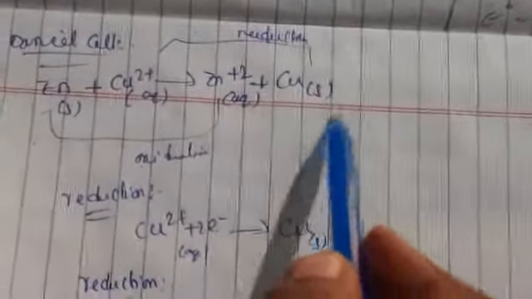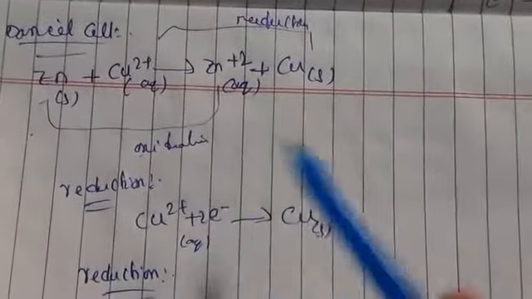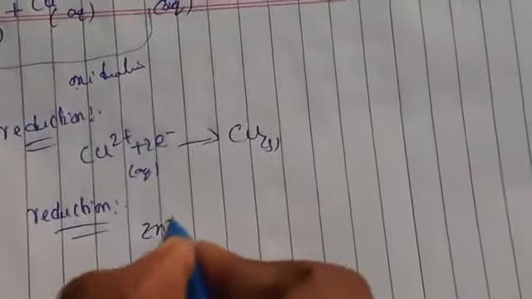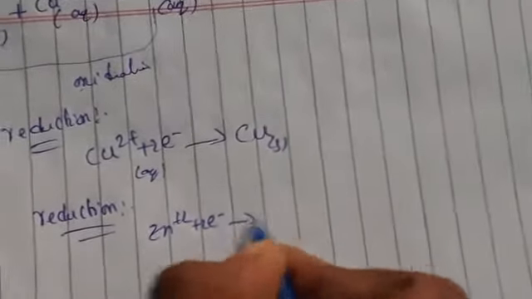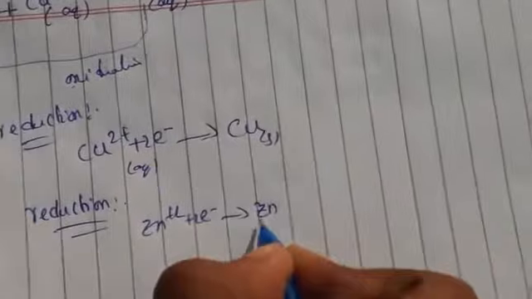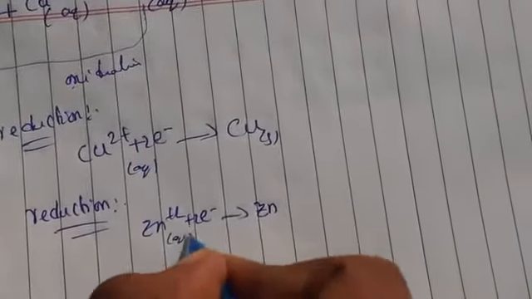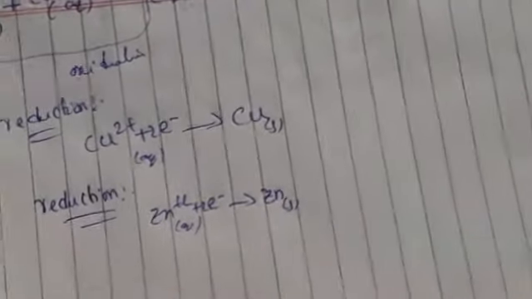Because it is a reversible process. If the copper is donating electrons, then again it will be getting them back. So that's why we write it like this: Zn2+ plus 2 electrons can be written as Zn. This is in aqueous solution and this is in solid. So the overall reaction, how will you get it here?